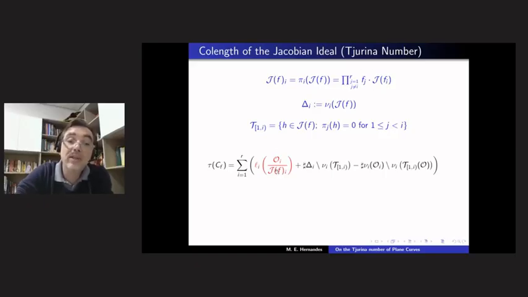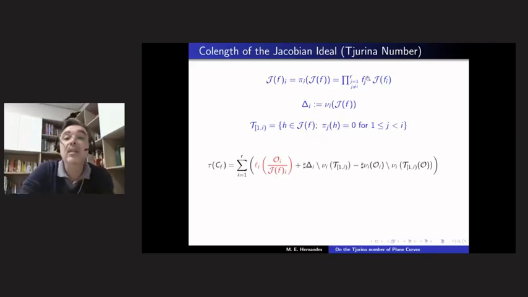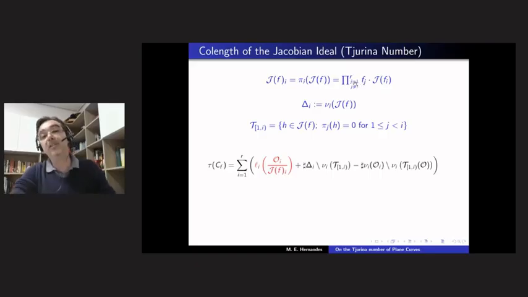So this codimension is the codimension of OI by the Jacobian ideal with respect to the component I. This is the Tjurina number of Fi, plus the codimension of OI with respect to the ideal generated by this element. And this is the sum of the intersection multiplicity.